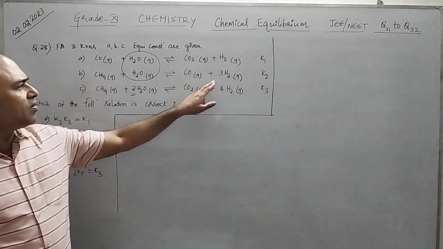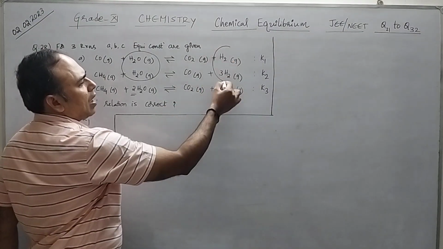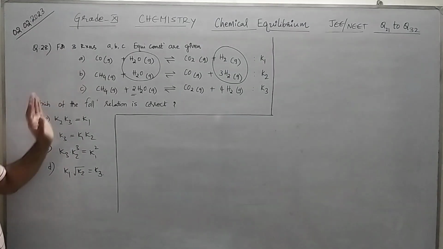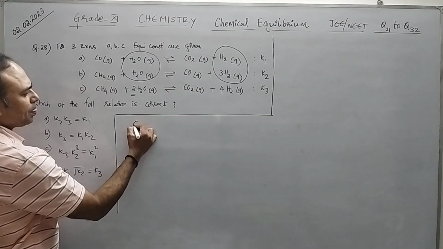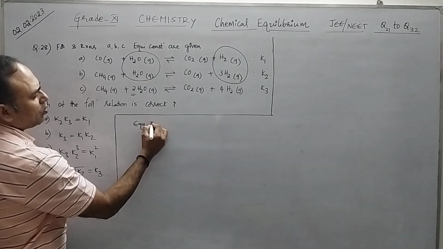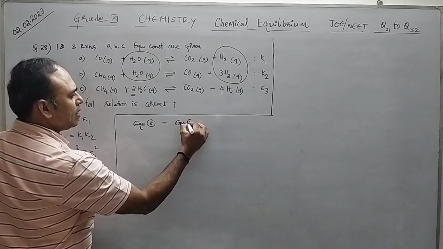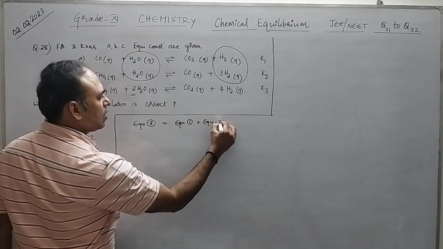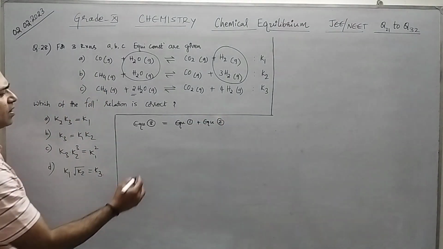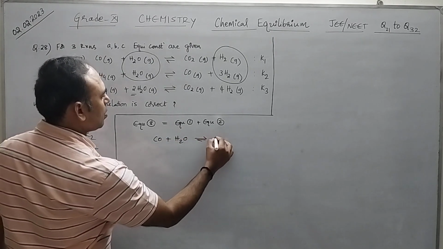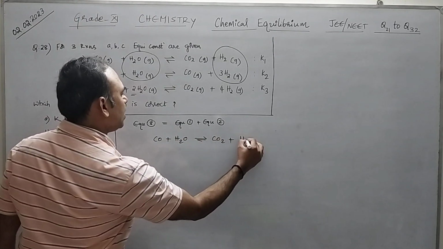Here you can observe 3H2 and 1H2. Therefore, you will get 4. So by observing these equations, we can understand that equation 3 we can get by adding equation 1 and equation 2. Let us try to add that. First, CO plus H2O gives CO2 and H2.